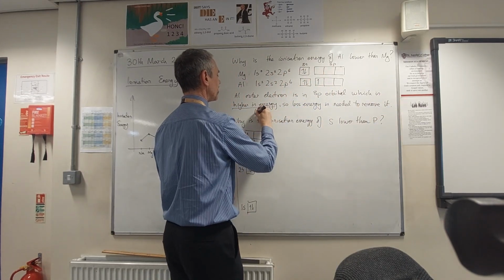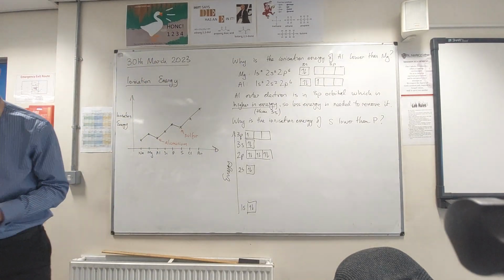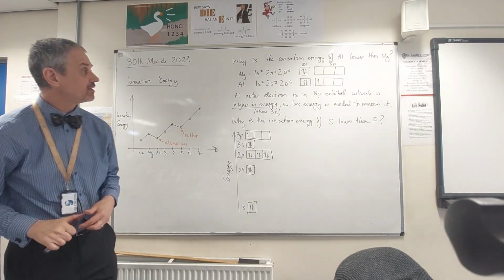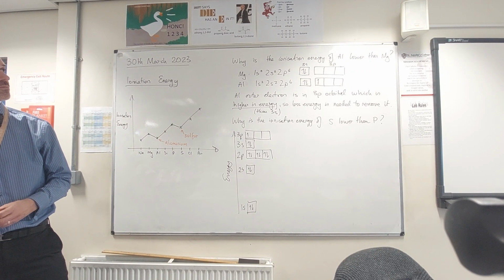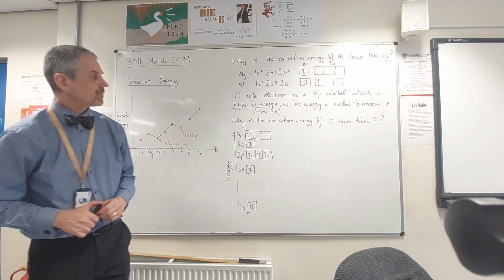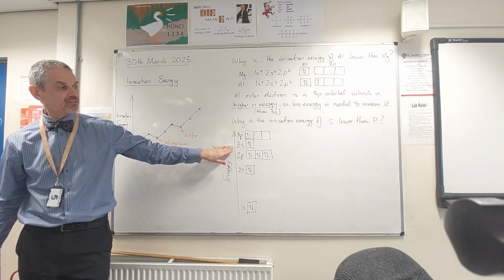So it's higher in energy, I should have said, than the 3s. If we're using a comparative, we have to be comparing it with something. So higher in energy than the 3s. So less energy is needed to get that electron out of the atom than the 3s.